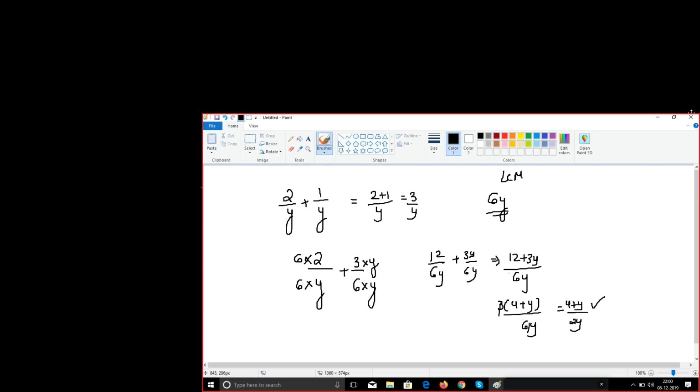The answer should be in its simplest form. So if you terminate right there, this is not correct. You have to factorize it further, and this is your final answer. Is it clear? Yes. Okay.